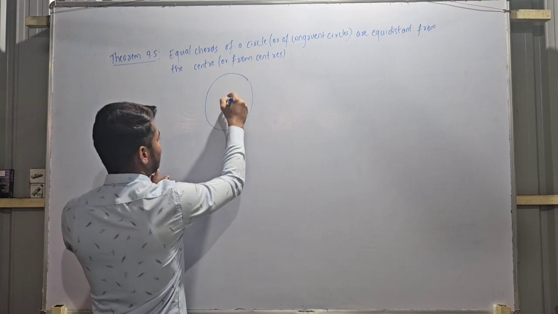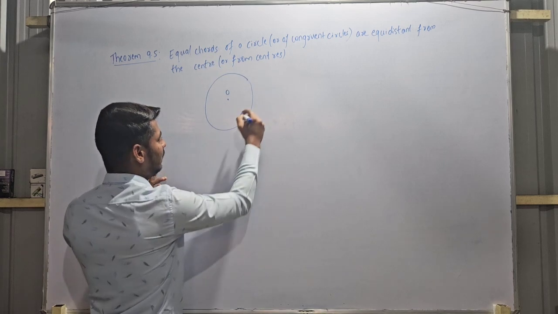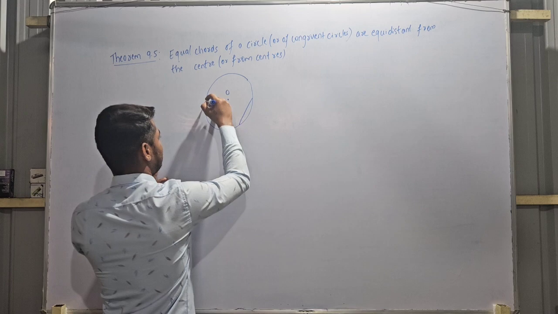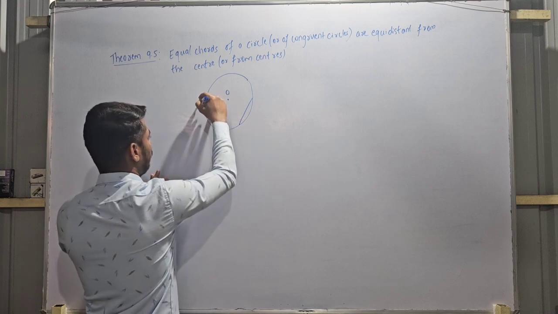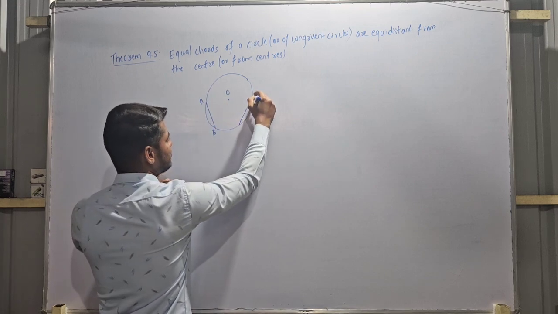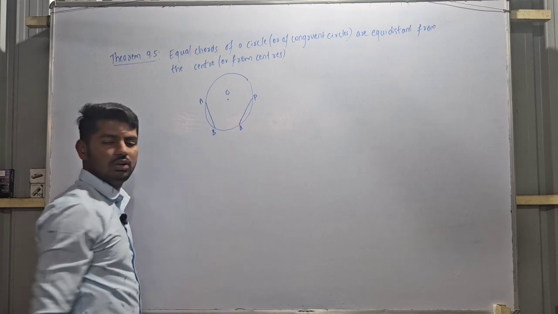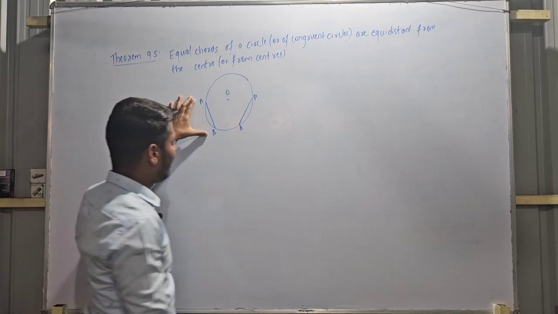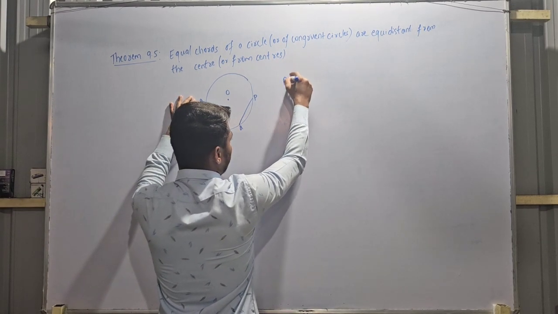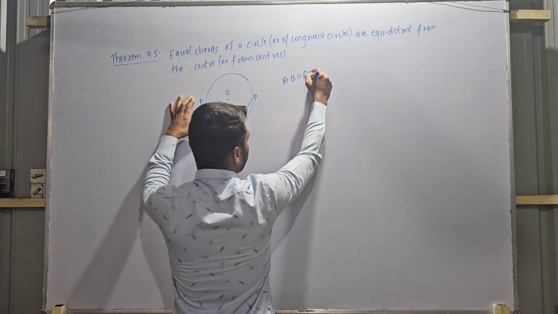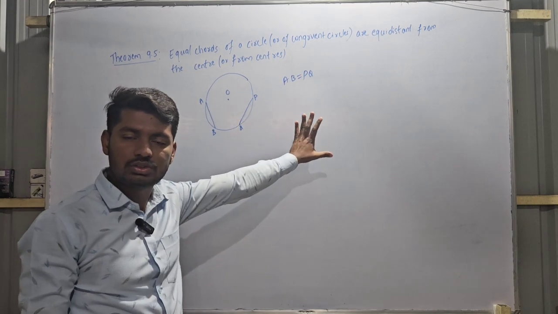So here, O is the center of the circle. Again we are taking two chords, AB and PQ. It is given that length AB is equal to PQ.